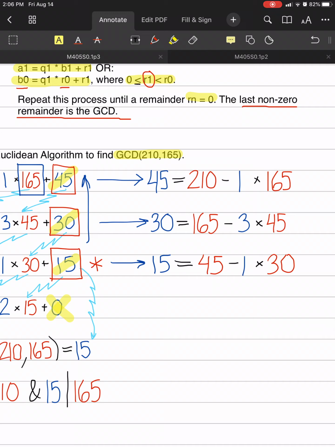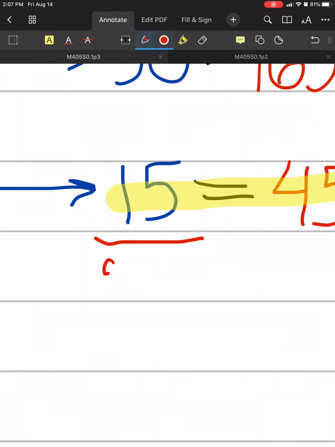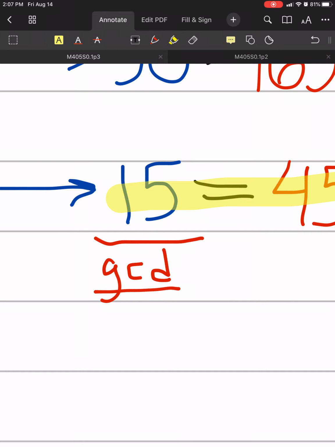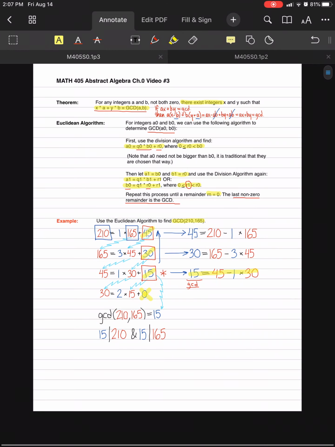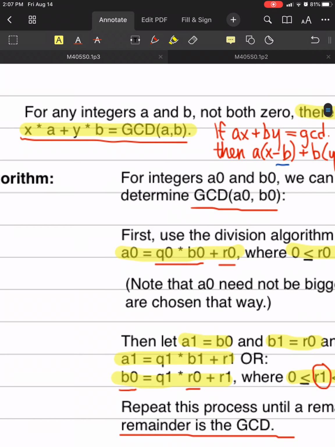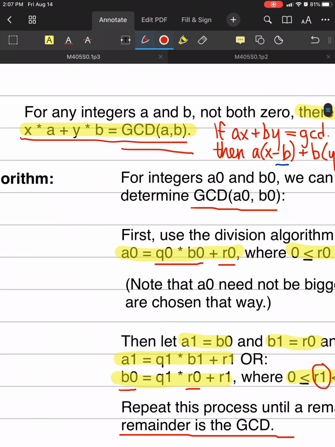But I said to start with this bottom one right here. This is the one we're starting with. And the reason is this number here, remember, this is our GCD. So this is what we want to find. Remember this first theorem, we want to write our GCD in terms of the original two numbers.